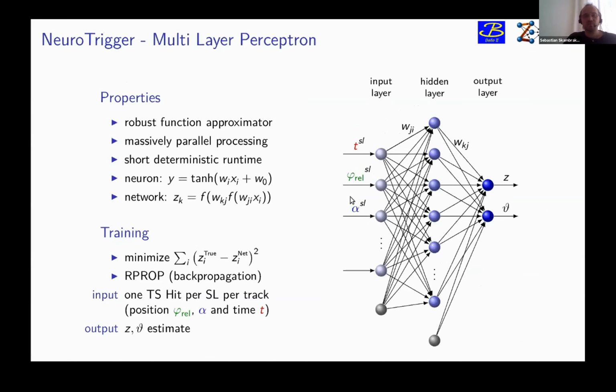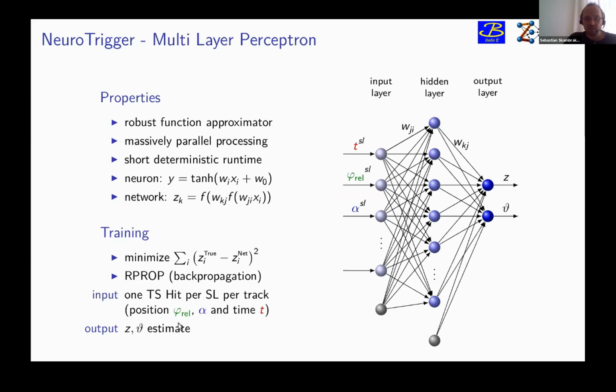The neural network is a robust function approximator which allows massively parallel processing and is well suited for implementation on FPGAs. And with this neural network, we process maximally one track segment hit per superlayer per track. So it's for single track estimation, and each of these track segments is encoded with 3 values.